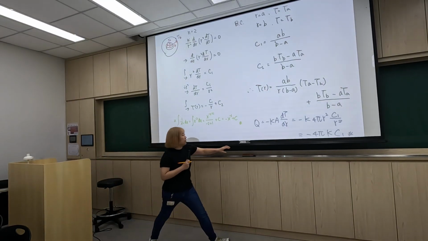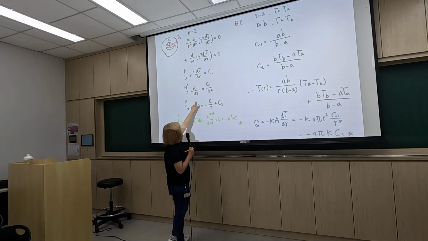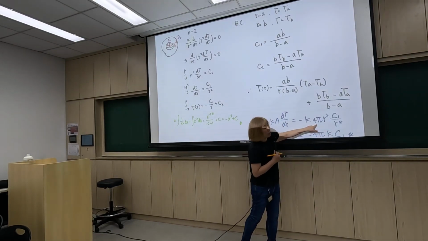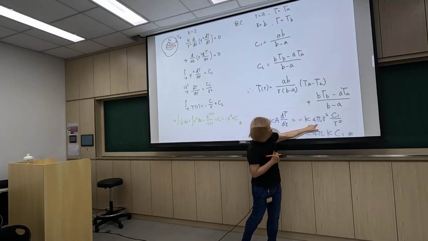And the Q is quite easy. Okay? We put this number here. Then this is the surface area of the spherical ball.